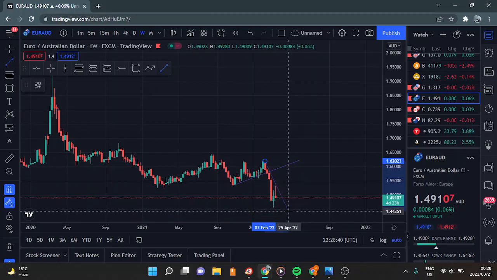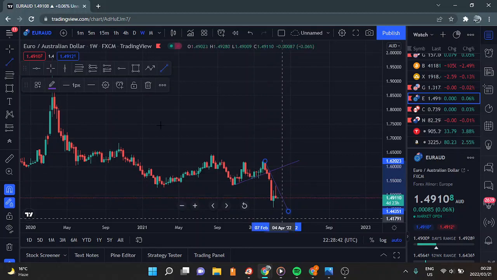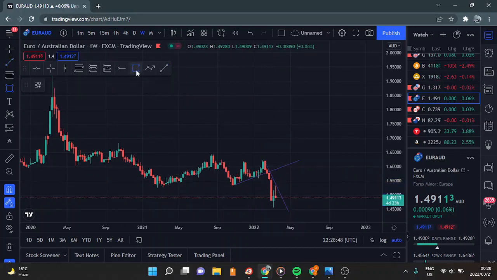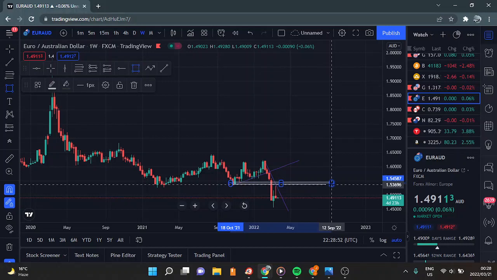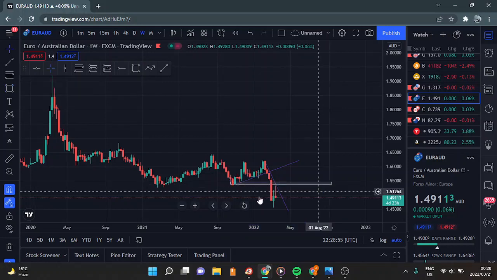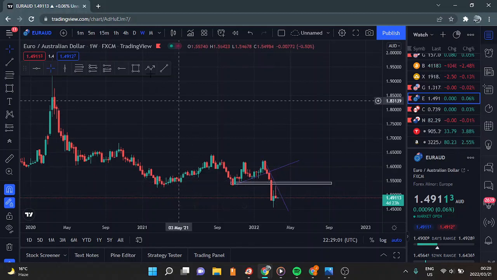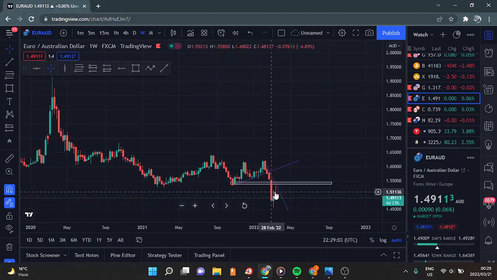Yes, guys, on a weekly time frame, you see a downward move as this key area here was respected. The candle failed to break this key area and rejected with a massive rejection. This is a weekly candle, which means this rejection is massive.